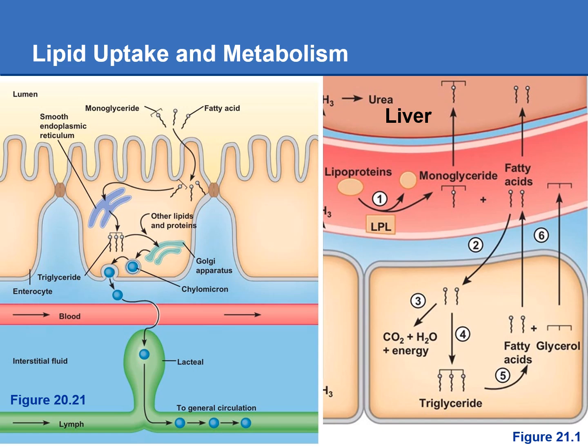And once they're into the cell, a couple things can happen. We can use the fatty acids for energy, so we can break those down and make some ATP. Or if this is an adipose cell and we don't need to make energy right now, we can store the fatty acids for later, and we can remake the triglycerides.